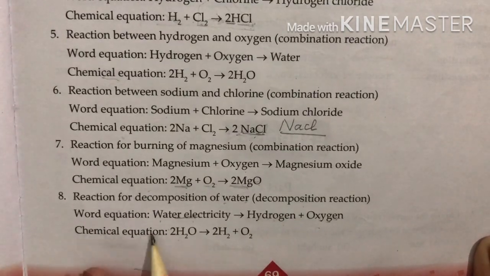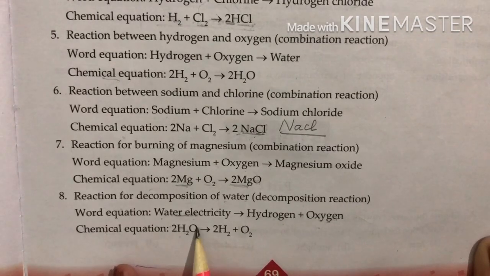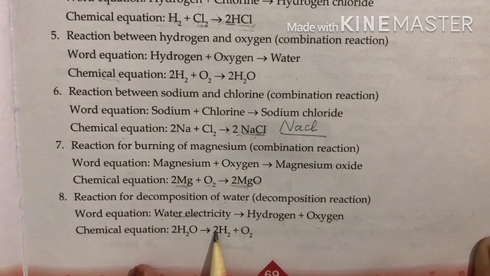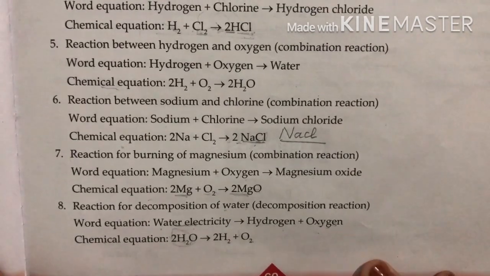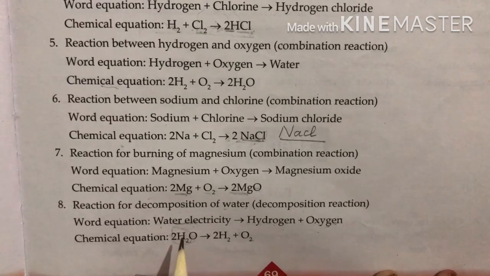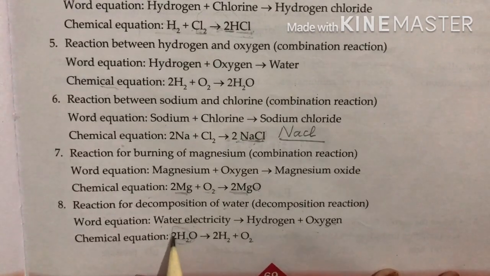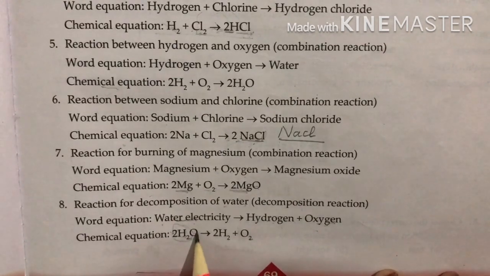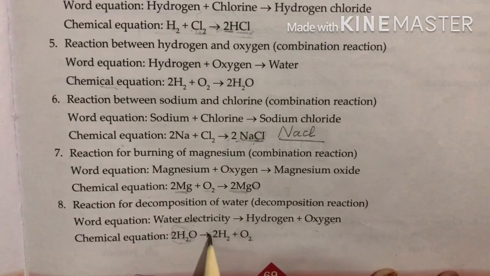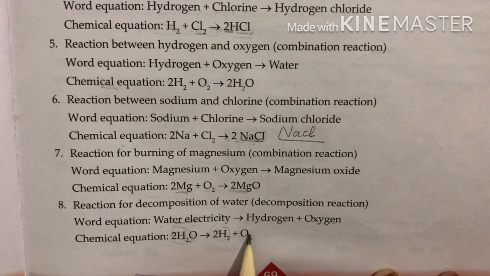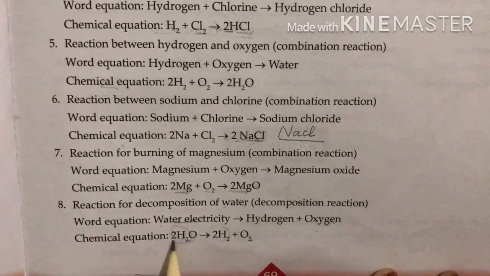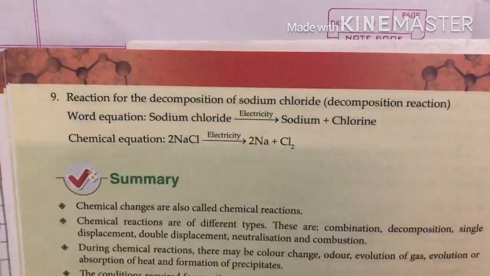Its chemical equation is 2H2O gives 2H2 plus O2. You can see there are 4 hydrogen atoms and 2 oxygen atoms on the reactant side, and on the product side there are also 4 hydrogen atoms and 2 oxygen atoms. So the equation is balanced.